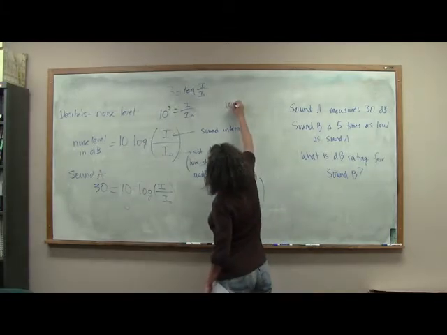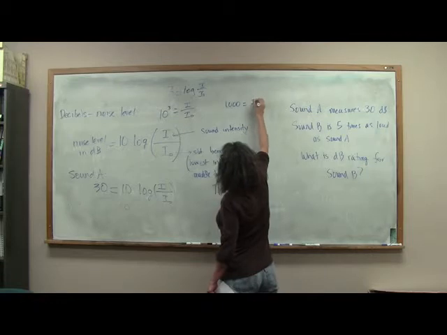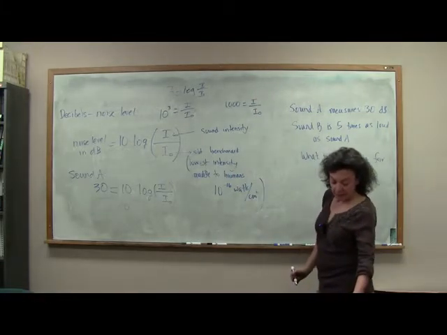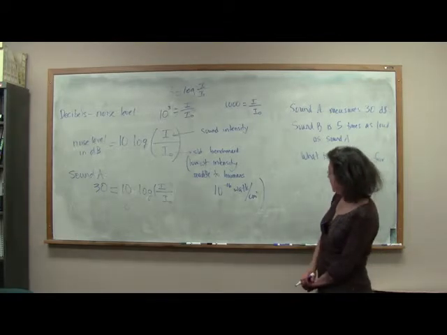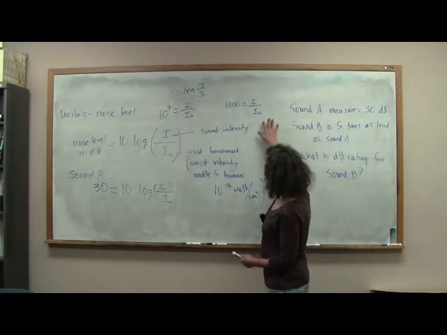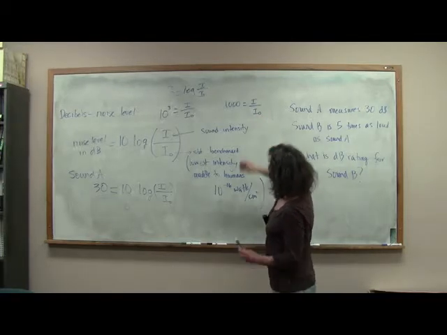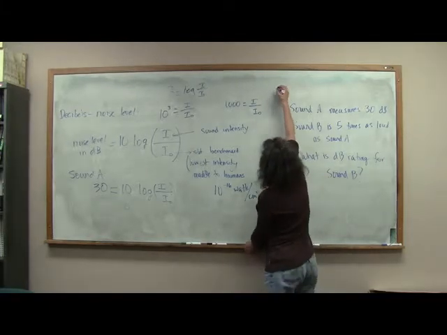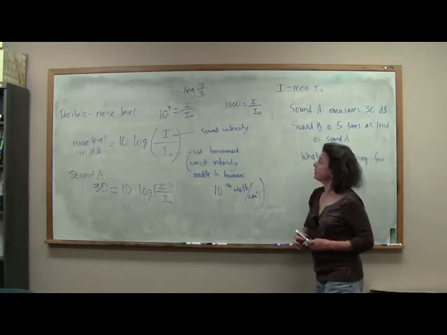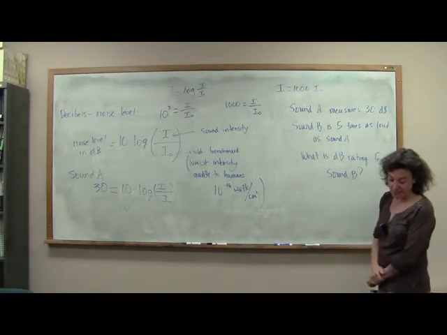In other words, 1,000 is I over I sub 0. So from there, will you guys grant me that the sound intensity here that we're speaking of, I, is 1,000 times I sub 0? All I did is get rid of my denominator.